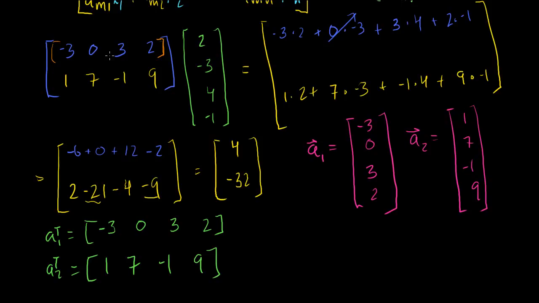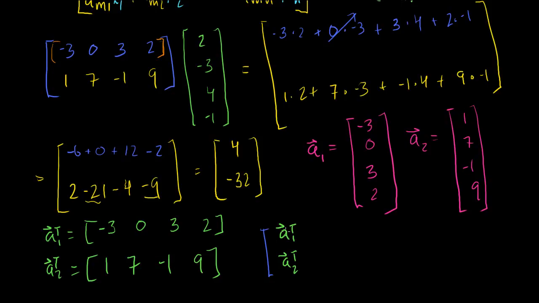And then this matrix we can rewrite as vector A1 transpose for the first row, and A2 transpose for the second. These are vectors, now row vectors.